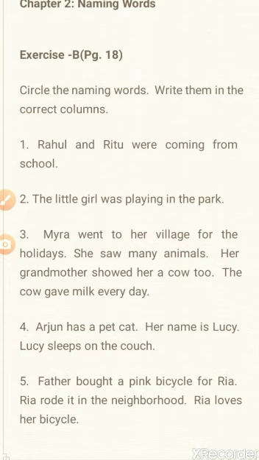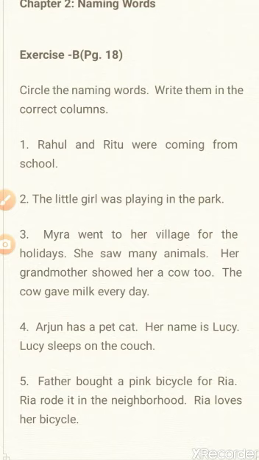Then we have "showed her a". These are not naming words. They are not names of any place, people, animal or thing. But if you see cow, it's a name of an animal. So we will circle this word cow and write it in the animals column.